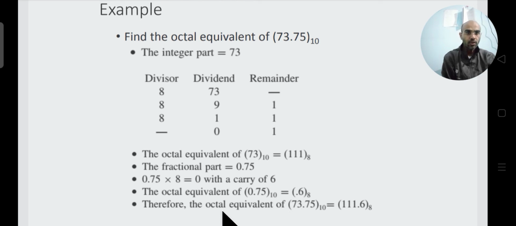Therefore, the total octal equivalent of the given number 73.75 will be 111, which is the octal equivalent of 73, and 0.6. So the total equivalent is 111.6. The procedure was the same, only the number used as the divisor is different.